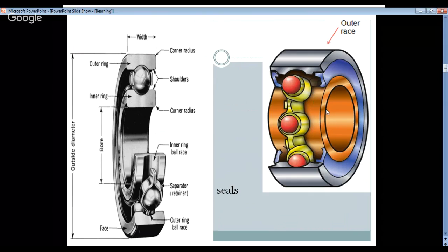The inner race is attached with a separator, or you may say retainer. When the inner race is rotated with respect to the outer race along with the shaft, these rolling elements, or you may say ball elements, rotate.